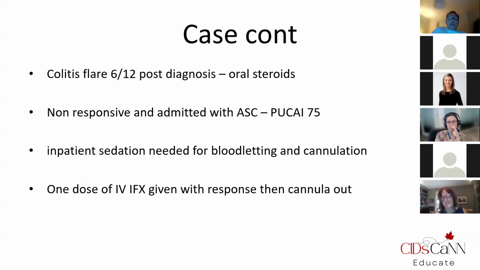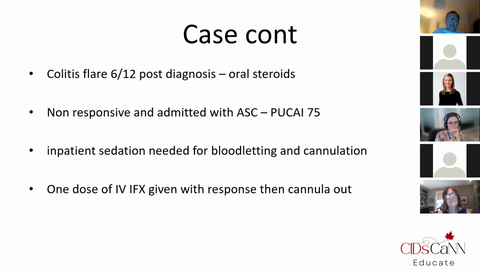He flared again on his mesalazine prophylaxis. He went on to a second course of oral steroids as an outpatient, but he didn't respond and then came in with a diagnosis of acute severe colitis. His problems were significant, so even for us to get blood tests, he needed sedation with midazolam, and we put in a cannula and did bloods at the same time.